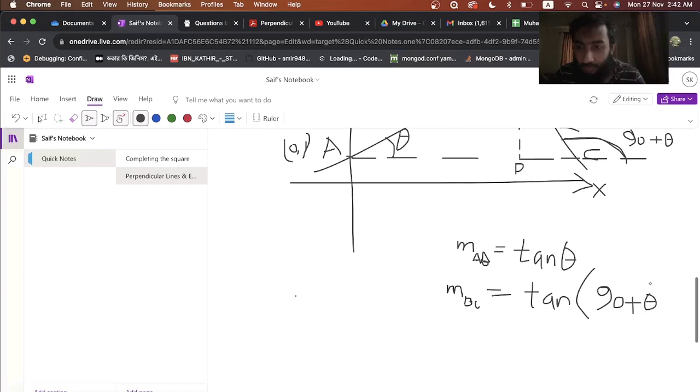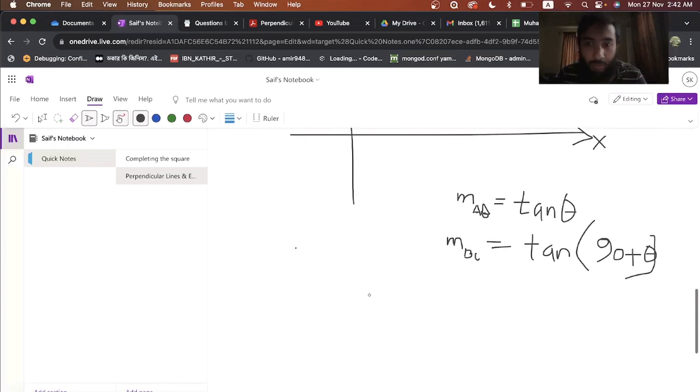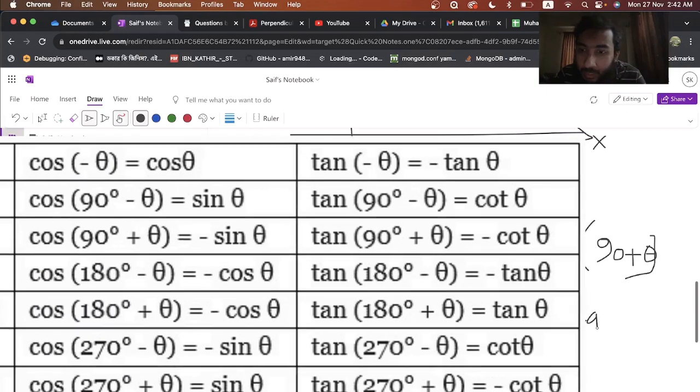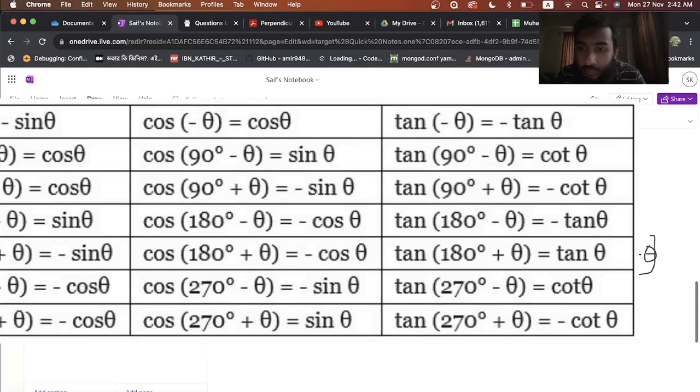So if I multiply these two slopes, m of AB dot m of BC, this is tan theta dot tan (90 plus theta), right?